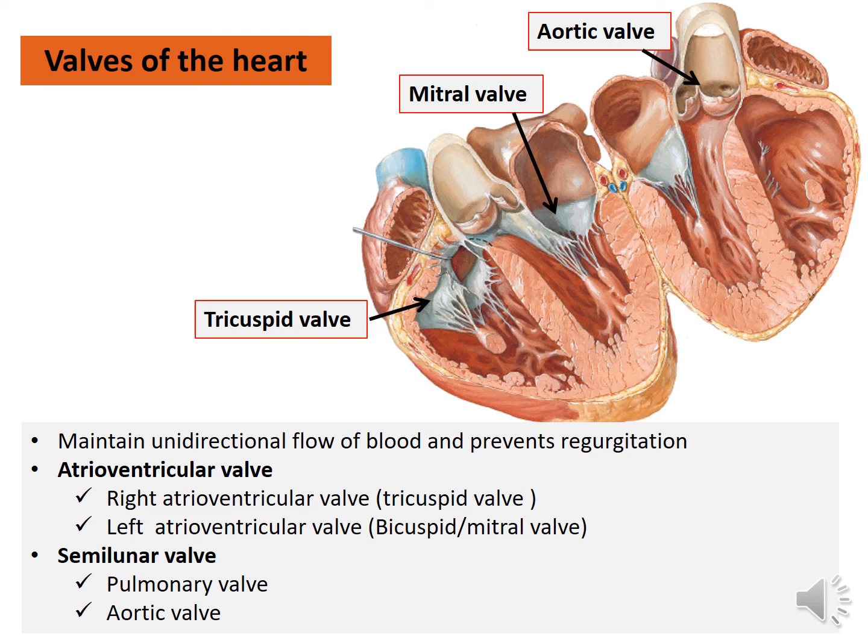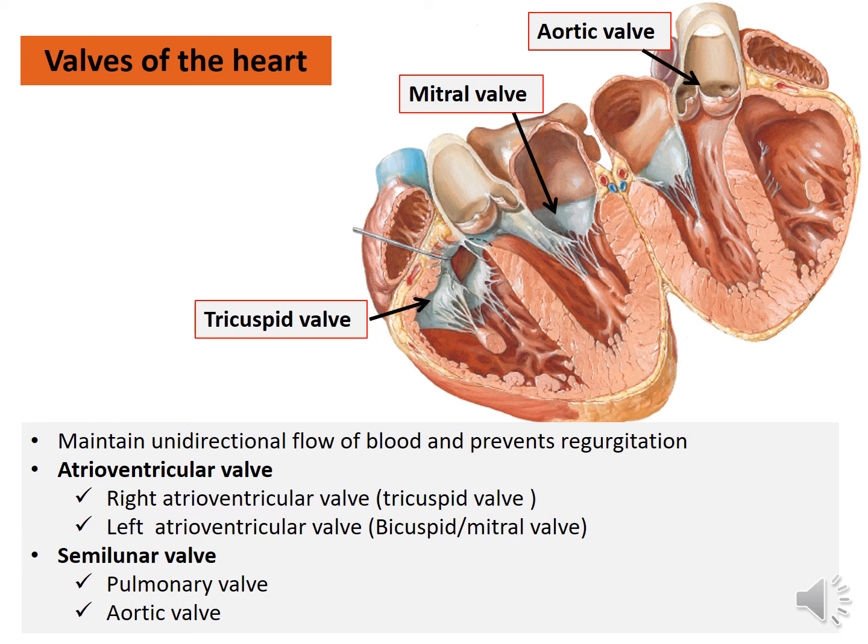Now we talk about the valves of the heart. You already know them. There are 2 atrioventricular orifices which are guarded by 2 atrioventricular valves, which are the tricuspid valve and the bicuspid valve, and there are 2 semilunar valves. They are the pulmonary valve and the aortic valve. I labeled them already.